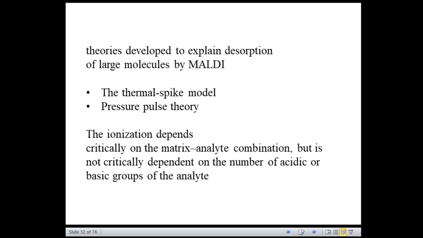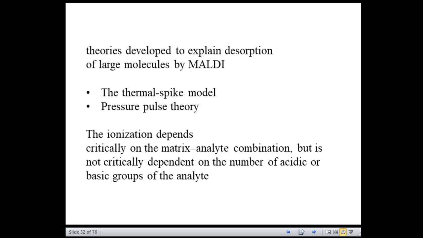If this is the case, this suggests that a more complex interaction of the analyte and the matrix happens. It is not just a simple acid-base chemistry that is responsible for the process of ionization.